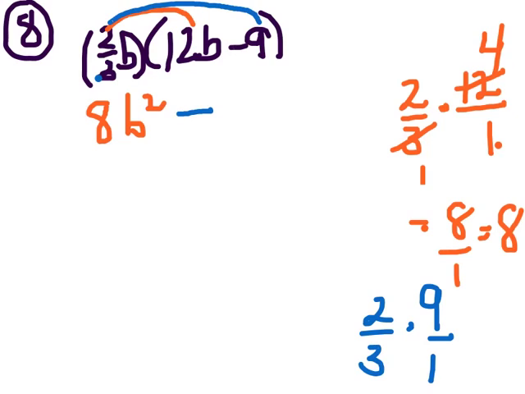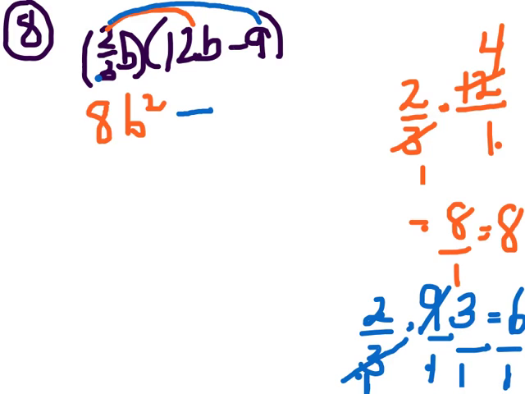I just like smaller numbers, so I reduce first. 3 goes into 3 once, and 3 goes into 9 3 times. 2 times 3 is 6, and 1 times 1 is 1. 6 over 1 is just 6, right? All right, so we've done the signs, we've done the numbers, now we do the variables. I've got one b here, no b's over here, so I just write the b down, and I'm done.